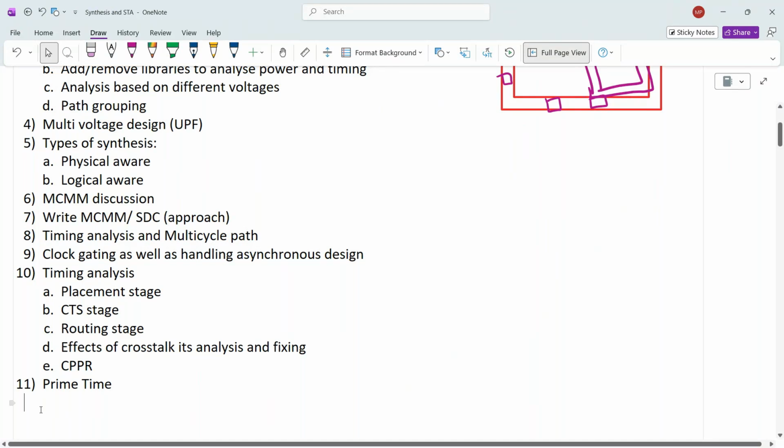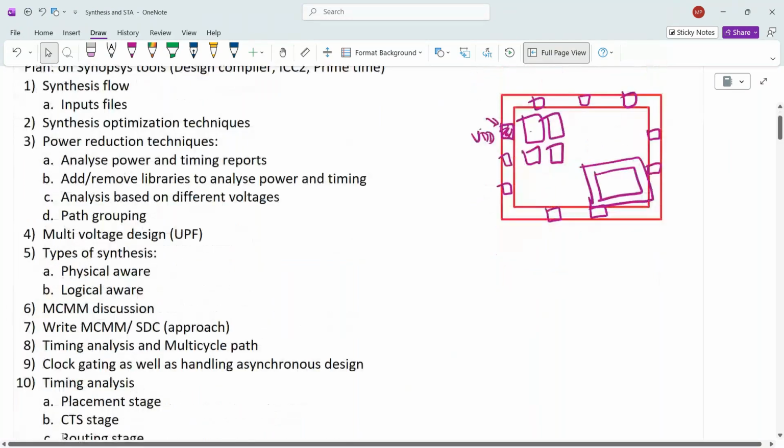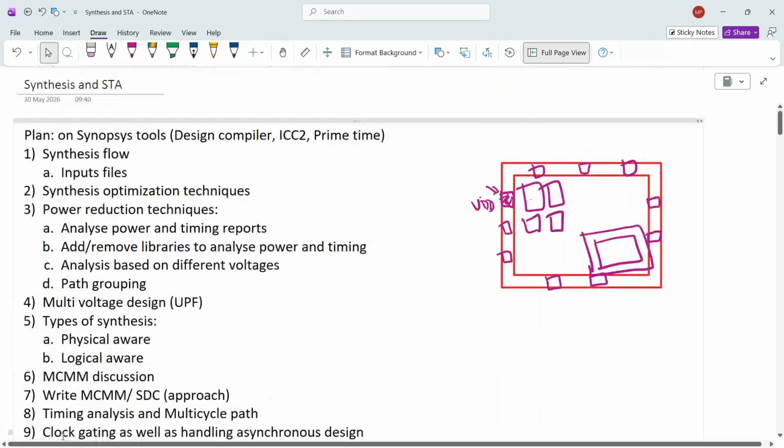As it will be an advanced course, we try not to go into very basic fundamentals because it's expected that you know the flow, the PNR flow, and what happens in each step. We try to do all these experiments and analysis one or two steps ahead. So we'll be doing a lot of experiments in labs.